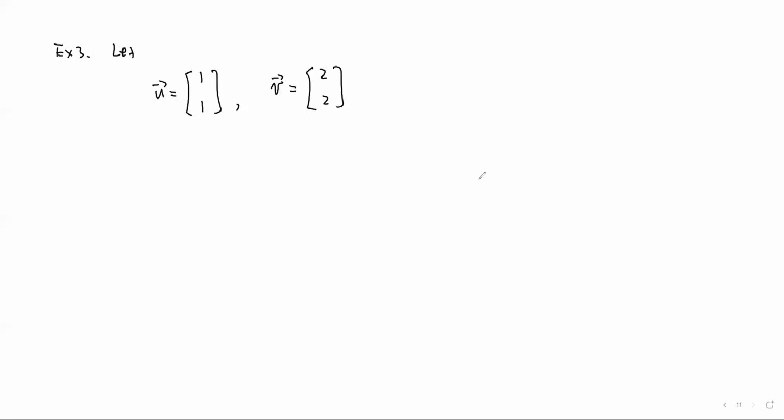If you plot these two vectors, say 1 here, 1 here. So this point is vector U. Let me use an arrow. Yeah, this is vector U. How about (2, 2)? 2 is here. 2 is here.